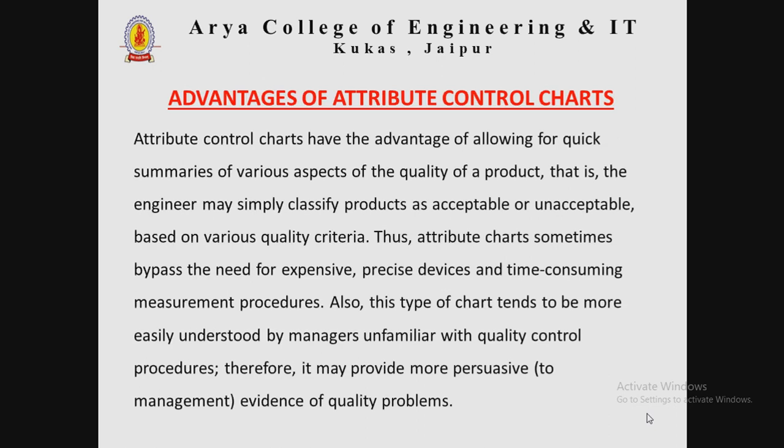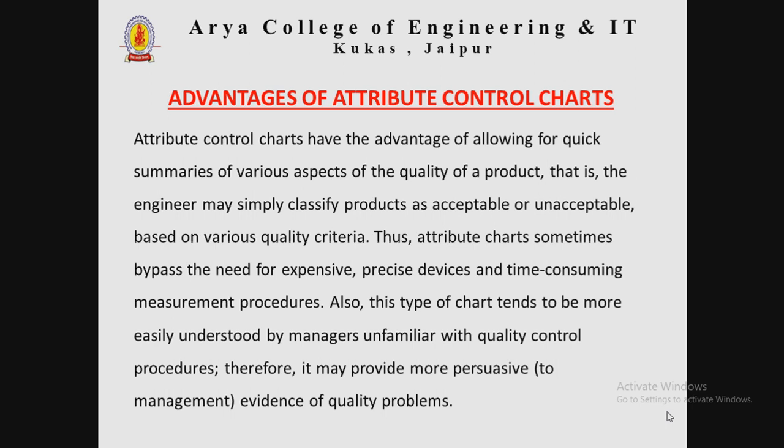Now the advantages of the attribute control chart are as follows. Attribute control charts allow a quick summary of various aspects of the quality of the product. That is, the engineer may simply classify products as acceptable or unacceptable based on various quality criteria.